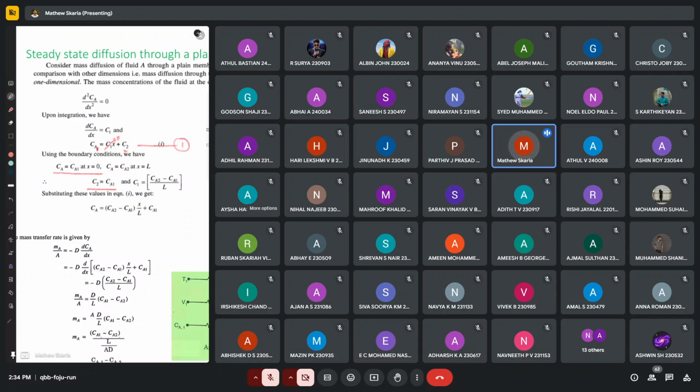Then at x equal to L, x L ആയിരിക്കുന്ന സമയത്ത് Ca is equal to Ca2. Again, നമ്മുടെ equation number 1ലേക്ക് പോകും. So I remove again. At x equal to L, Ca is equal to Ca2. അപ്പോൾ ഇവിടെയാണ് സബ്സ്റ്റിറ്റ്യൂട്ട് ചെയ്യുന്നത്.